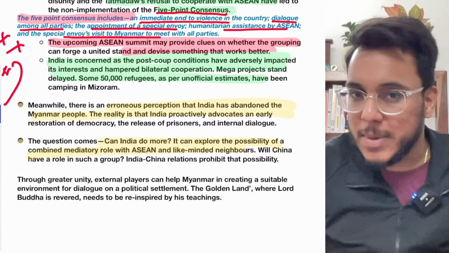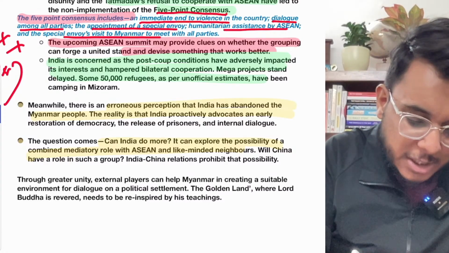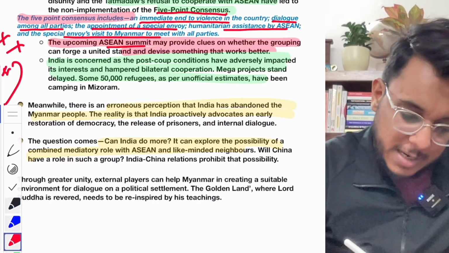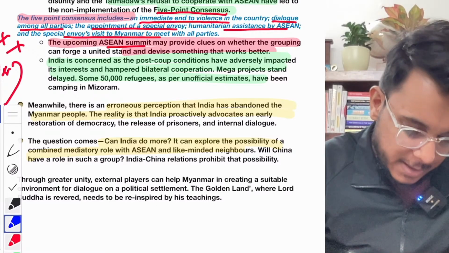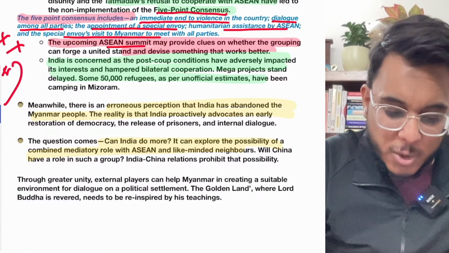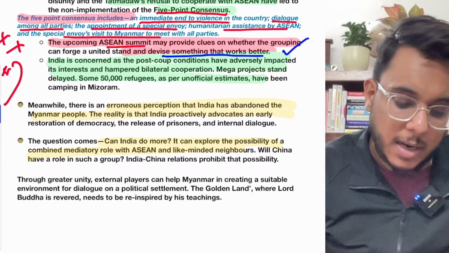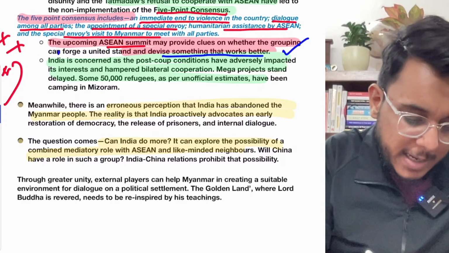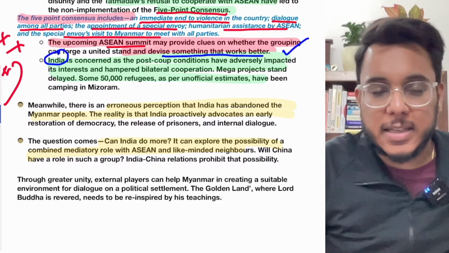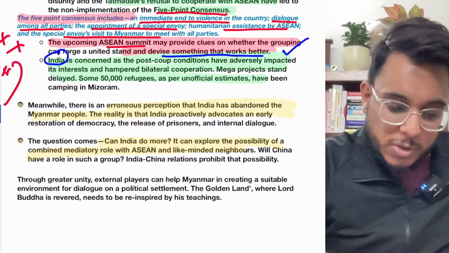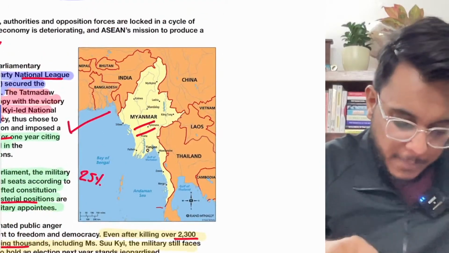Now guys, in the coming few weeks, there is an ASEAN summit that is going to be organized, and in this summit, we need to devise some policy on how to bring this matter under control. Now India is very much concerned in this matter, because you see, now just please look at this particular map.